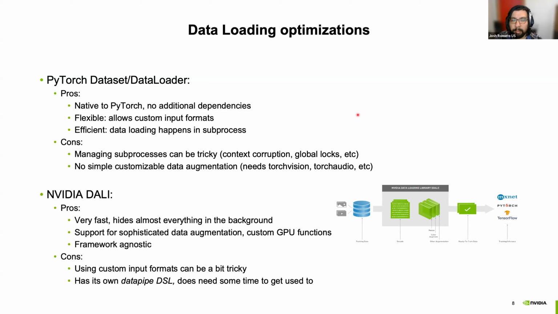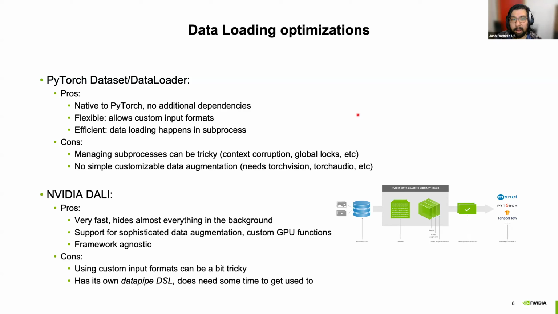Pretty powerful tool, but there are some cons. The pros of the regular PyTorch Dataset and DataLoader classes are that they're native to PyTorch, with no additional data dependencies. They are flexible, and they're also pretty efficient in the sense that they can spawn multiple worker processes using Python subprocesses, which can allow data loading to happen in the background.